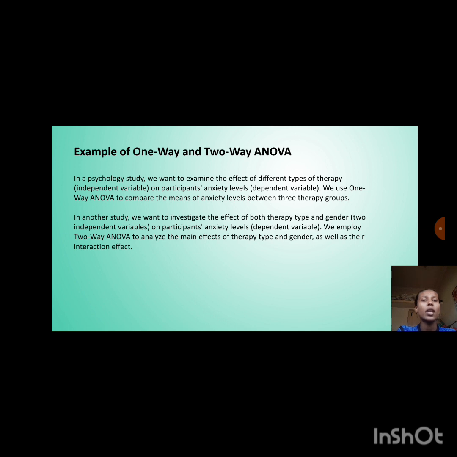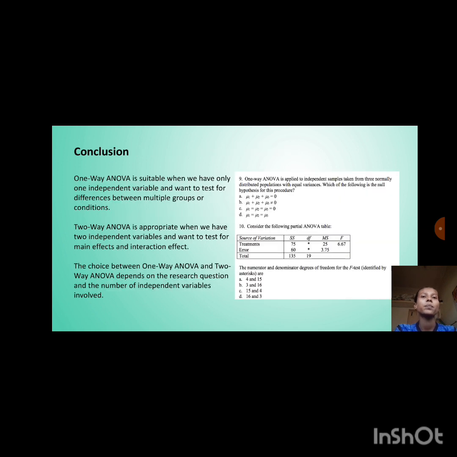In another study, we want to investigate the effect of both therapy type and gender, two independent variables, on participants' anxiety level, the dependent variable. We employ two-way ANOVA to analyze the main effect of therapy type and gender as well as their interaction effect.